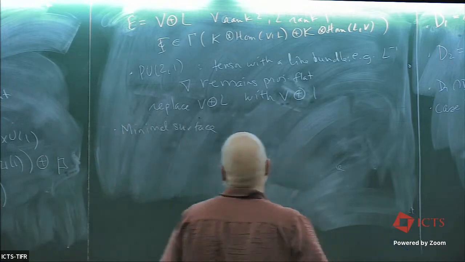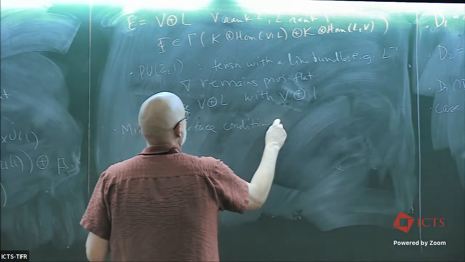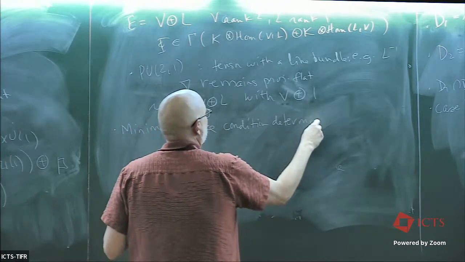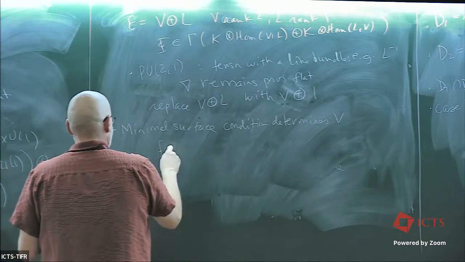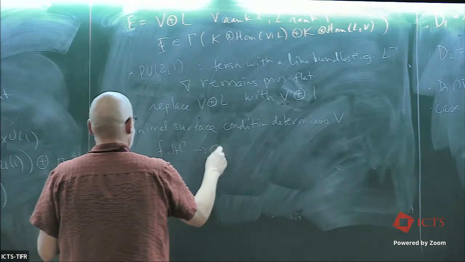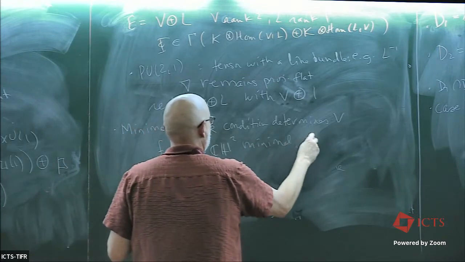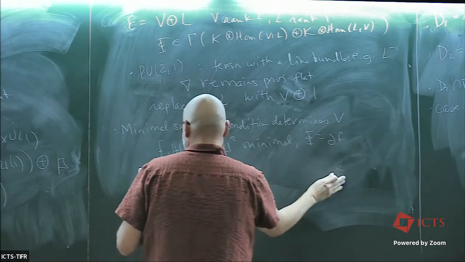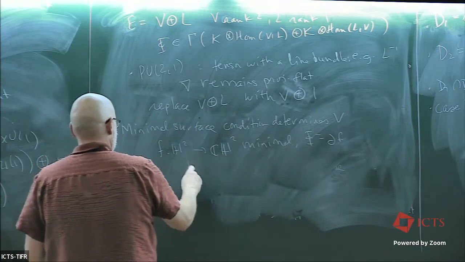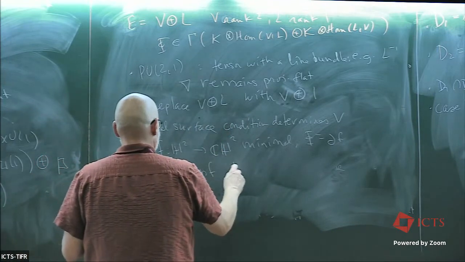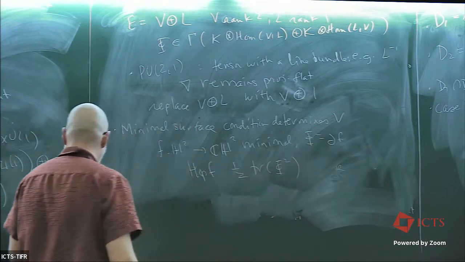So now what we're going to do is we're going to use the minimal surface equation condition to determine V. So we're going to have the Hopf differential is up to a constant, as we saw before, trace of phi squared.